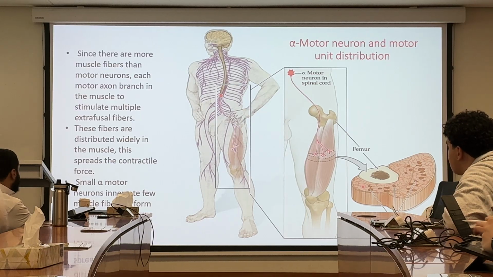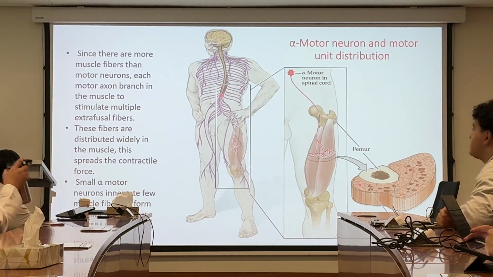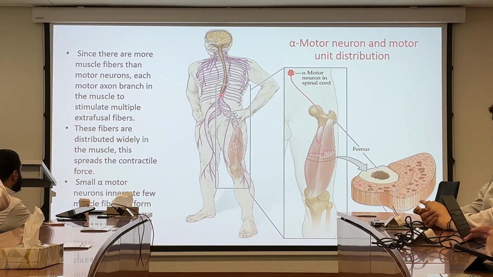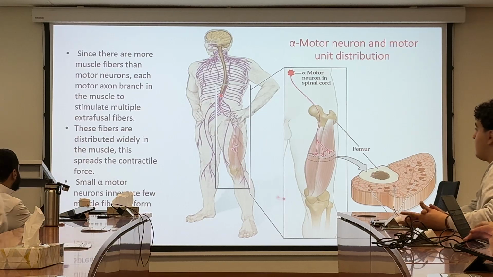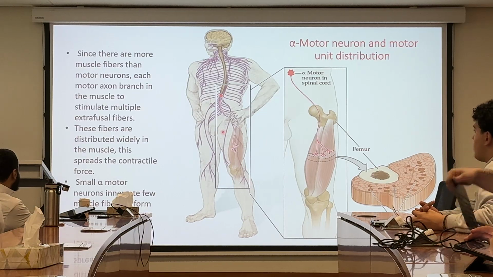That should make sense, because if that motor neuron only innervated the muscle here, when that muscle contracts, the other part would not be contracting, and the muscle would not be able to make this bone move. So it's distributed throughout the muscle, and then you have other motor units as well.